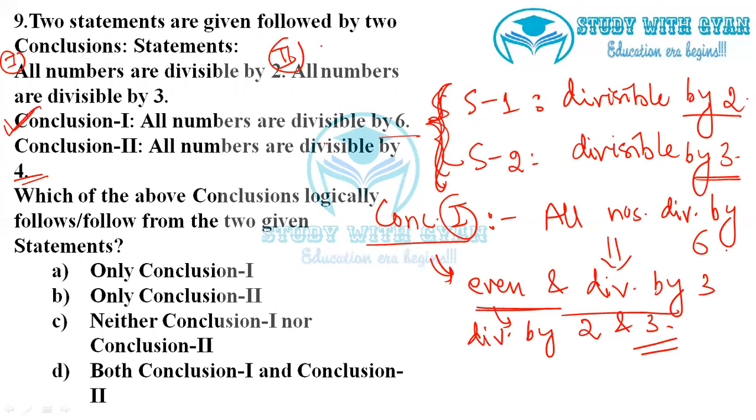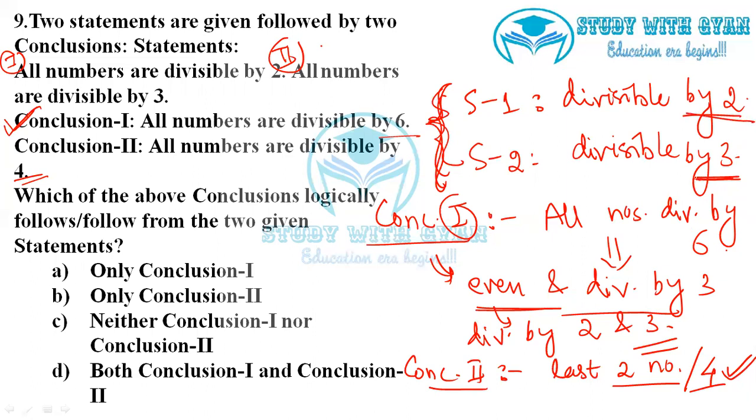Now conclusion 2. All numbers are divisible by 4. What is the divisibility rule for 4? Basically, the last two digits should be divisible by 4. But here the statements say divisible by 2 and divisible by 3.